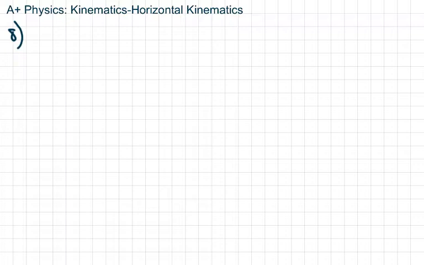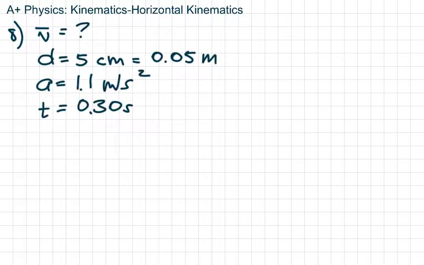So 8 wants the average speed from 0 to 0.3 seconds. You would think that you would take the start speed and the end speed and average them, except we don't know the end speed. We can find it, but let's not. Instead, let's use the average speed equation, v equals d over t. Here are our givens. We know how far it went, 0.05 meters, or 5 centimeters.